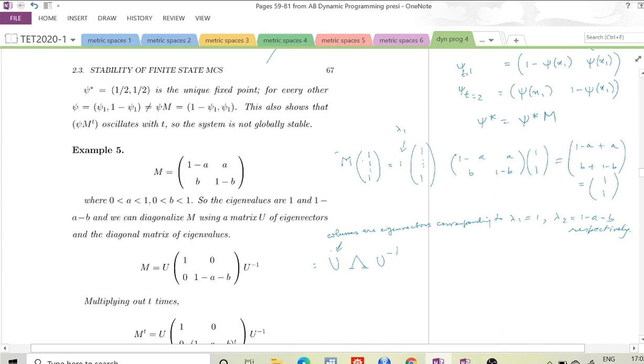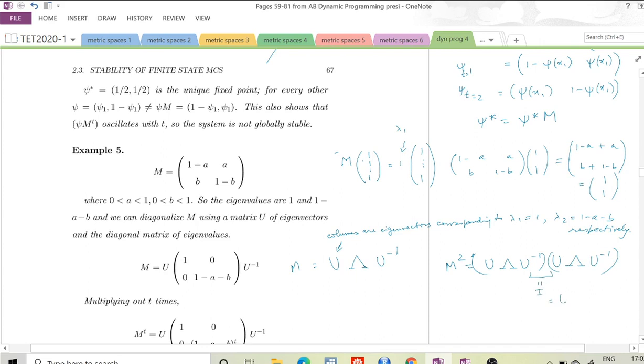And then you know that if I multiply this out several times, so this is M, so what is M squared? It's U lambda U inverse, U lambda U inverse. So this will give me the identity matrix.